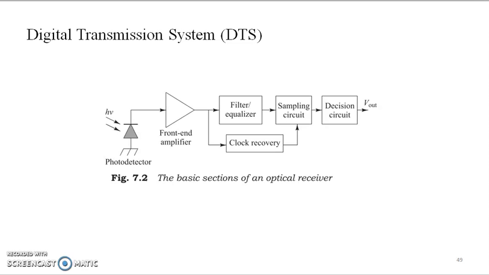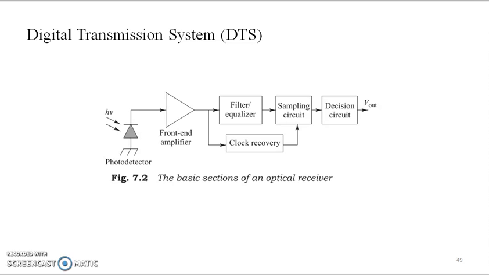The filter is used here to remove noise and unwanted signal, as well as to identify what pulse spreading occurs, or we can have an equalization circuit for the signal. A sampling circuit is used to define the level of the output signal.